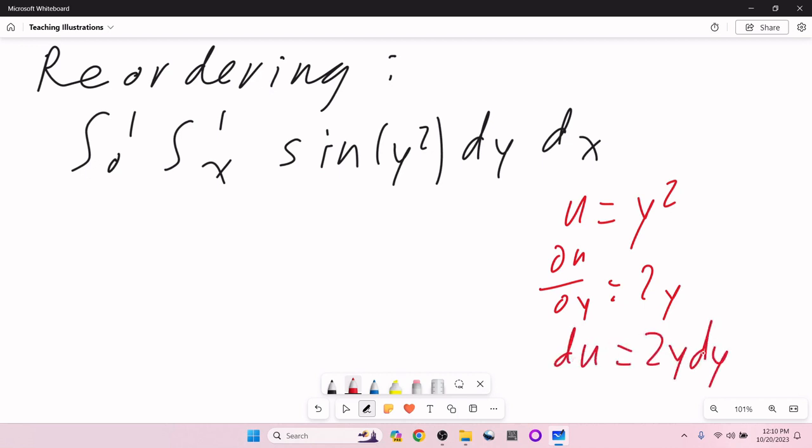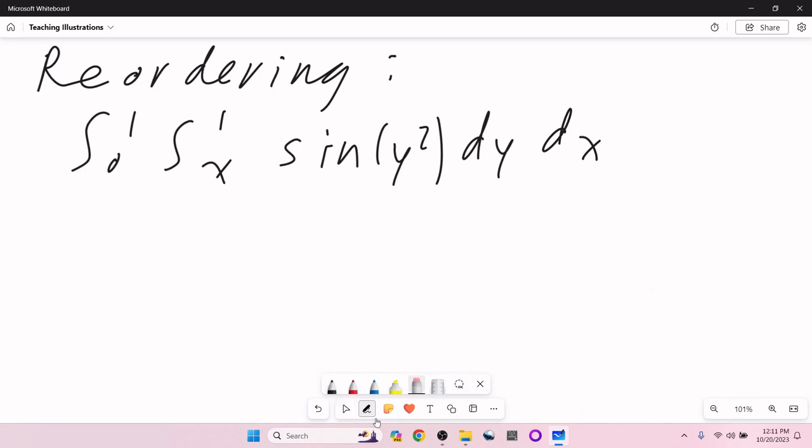But there's no 2y there, so there's nothing I can combine to absorb in and become part of the du. Or if you are the type to solve out, dy equals du over 2y, if I plug that in, I'll have this 2y here that doesn't cancel with anything. So this problem cannot be done in the form it is.